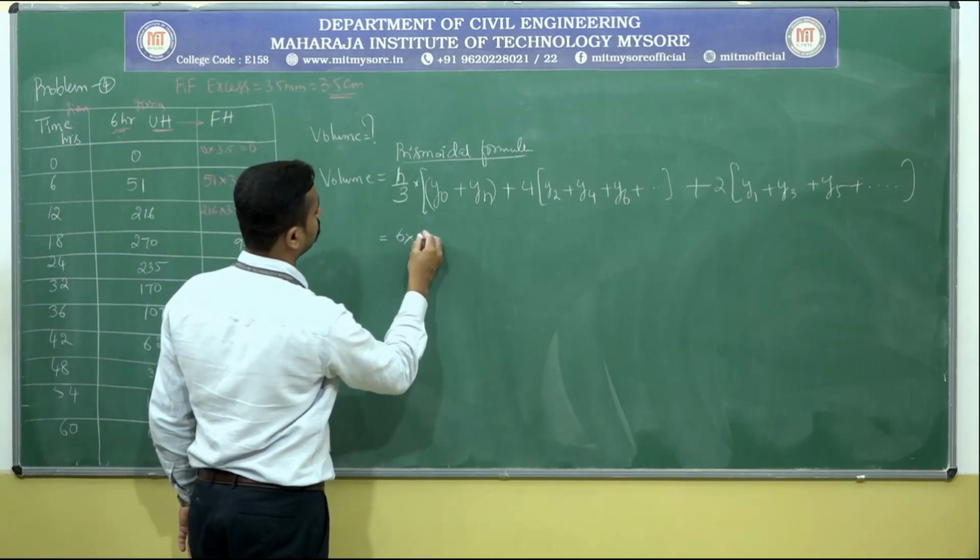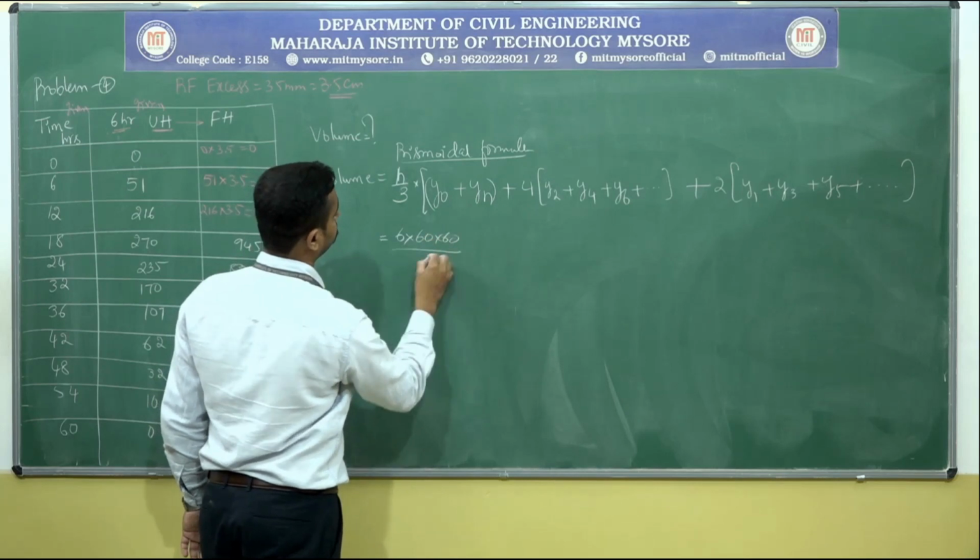So 6 hour, 1 hour 60 minute 60 second, divided by 3.